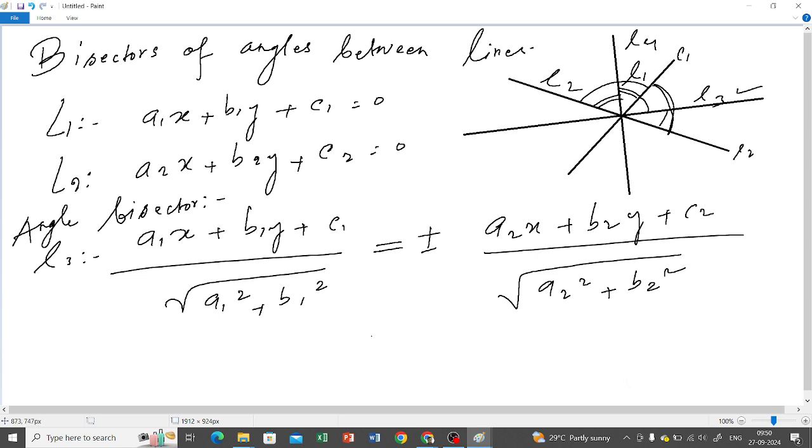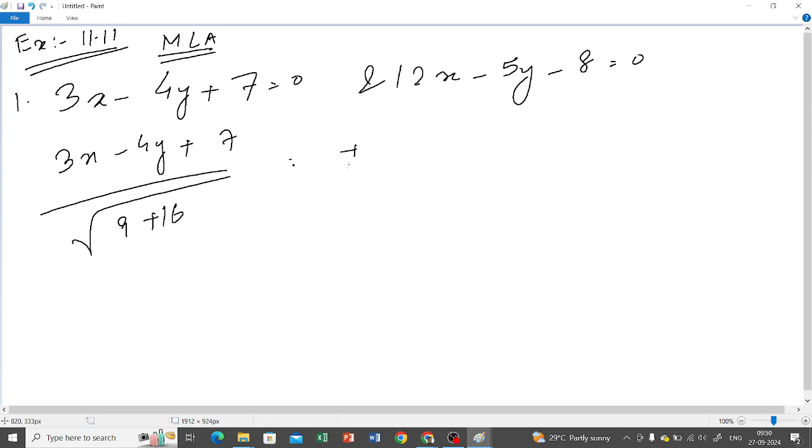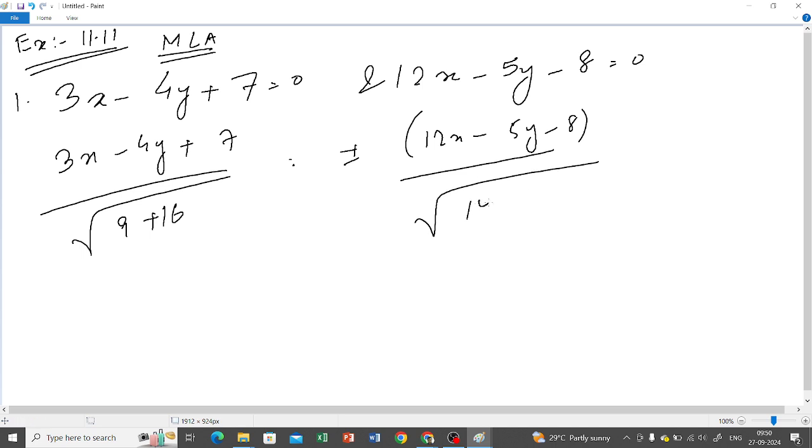So what was my formula? 3x minus 4y plus 7 divided by root over 9 plus 16 is equals to plus minus 12x minus 5y minus 8 divided by root over 144 plus 25.